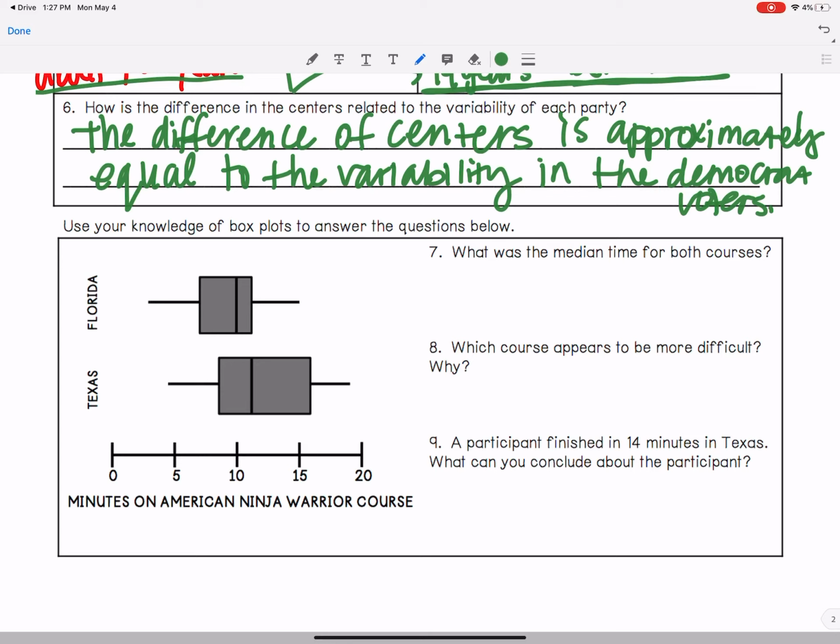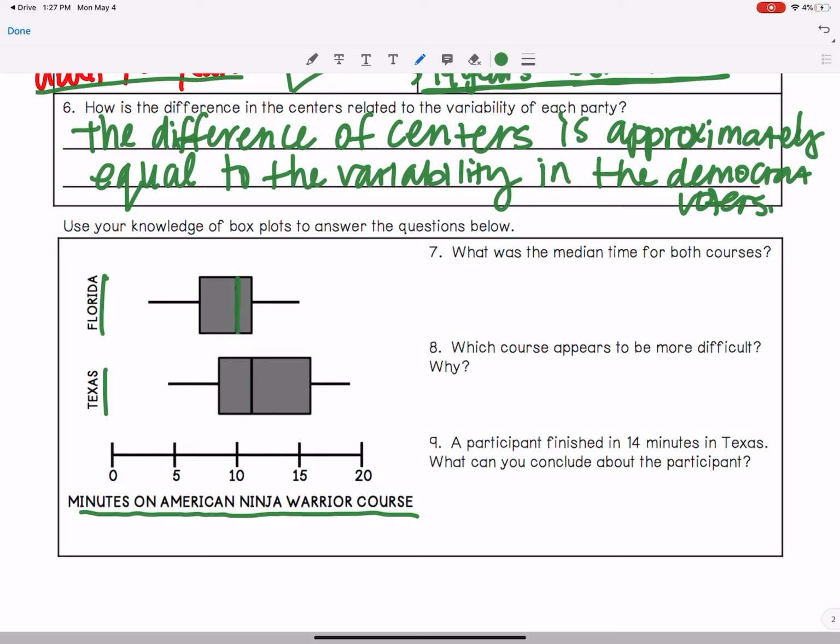So it looks like we have two states, Florida and Texas, and we are talking about minutes on the American Ninja Warrior course. Ooh. So the question says, what was the median time for both courses? The median time for Florida is going to be this middle line right here, which is about 10.